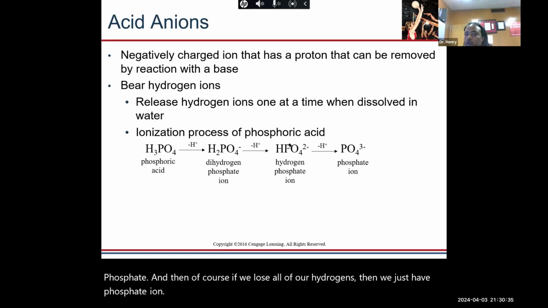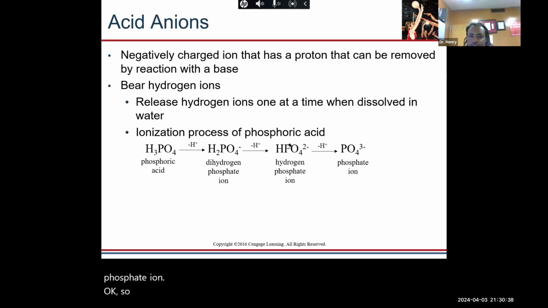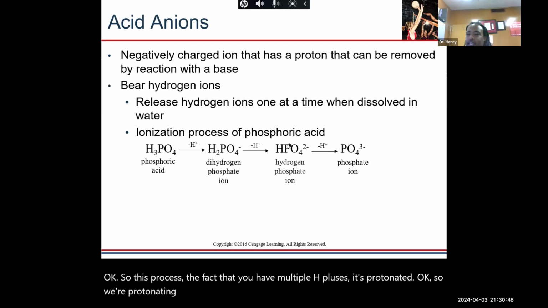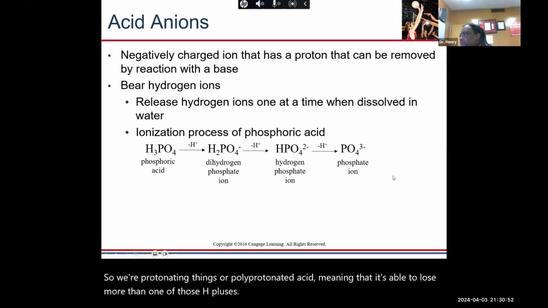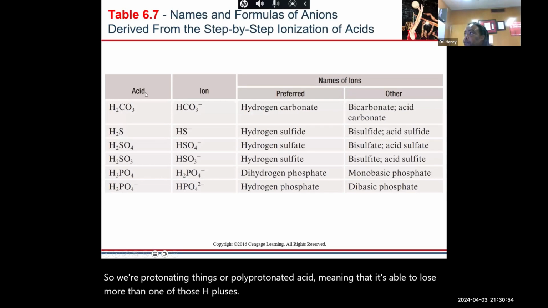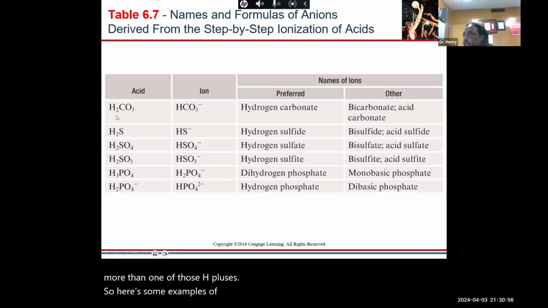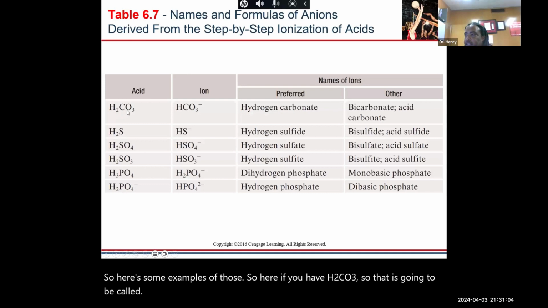Okay, so this process, the fact that you have multiple H pluses, it's protonated. So we're protonating things, or polyprotonated acid, meaning that it's able to lose more than one of those H pluses. So here's some examples of those. If you have H2CO3, that is going to be called carbonic acid.